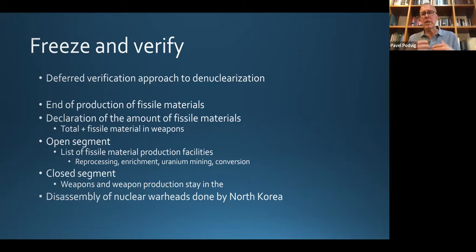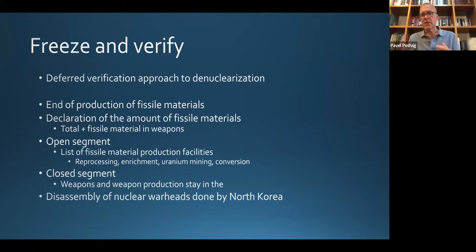Assuming so, the only thing that would be closed, that would not be accessible, is the actual weapons and maybe the weapon production facilities. So they could remanufacture that. So the closed segment will be the weapons.